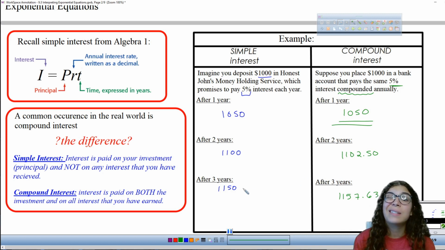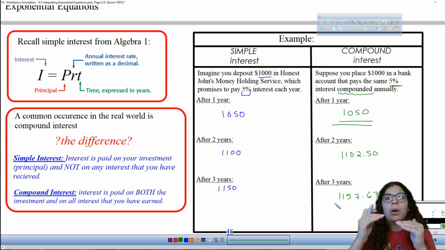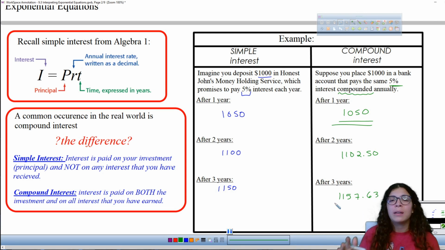Then we had a $7 difference, roughly, right? And if we keep going, you'll see that with compound interest, that money will grow exponentially. And that is why compound interest is an exponential growth problem.